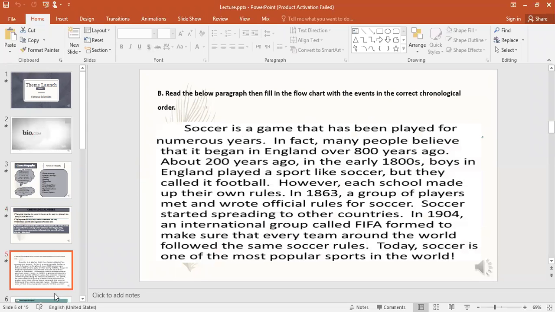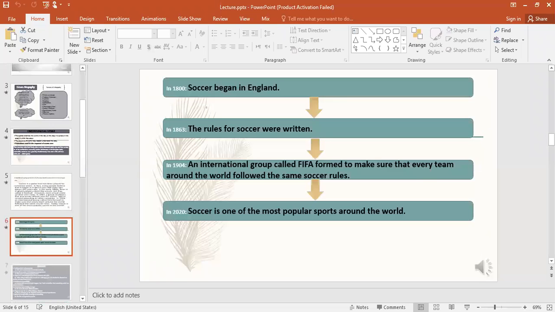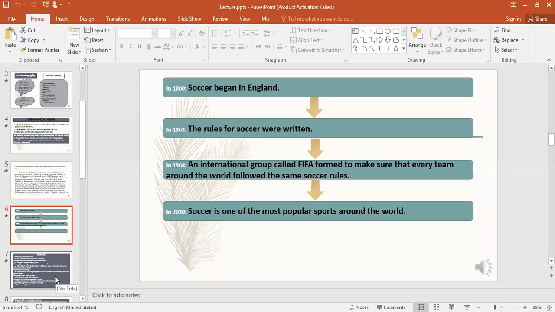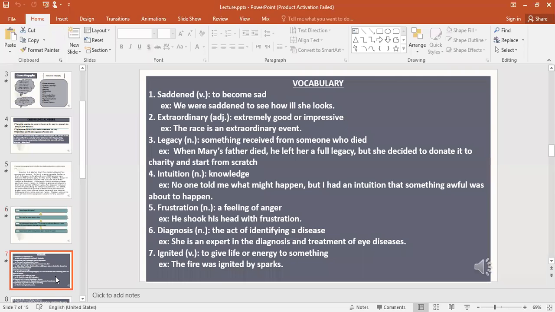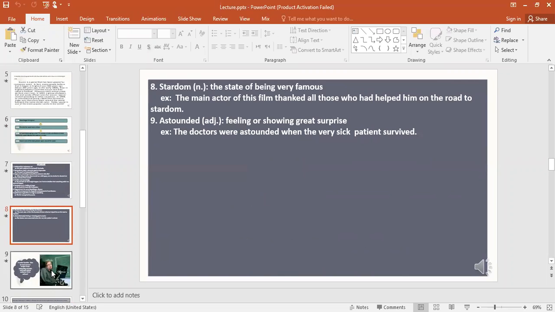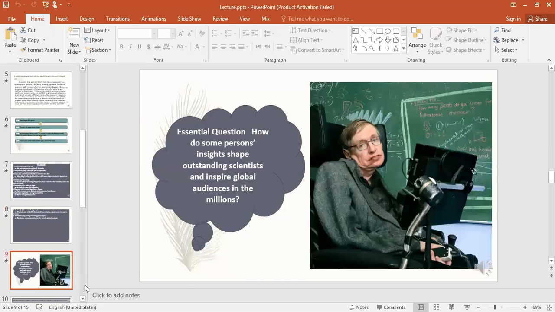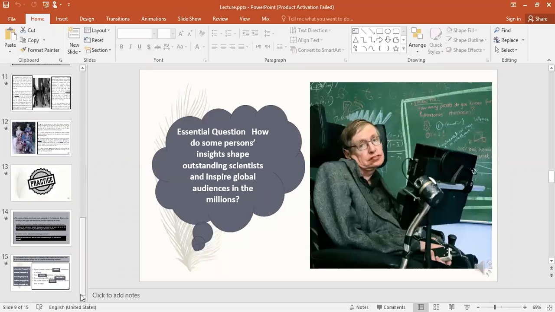We also solved an example exercise related to chronological order. We explained the vocabulary words and we asked this essential question. We did a very short debate about it and we started with the text.